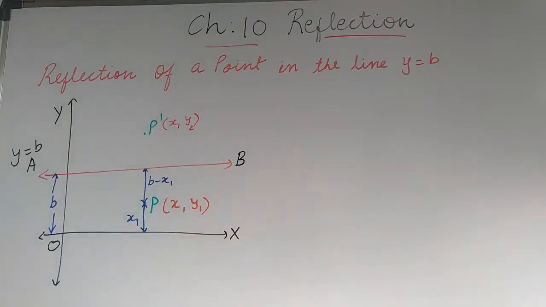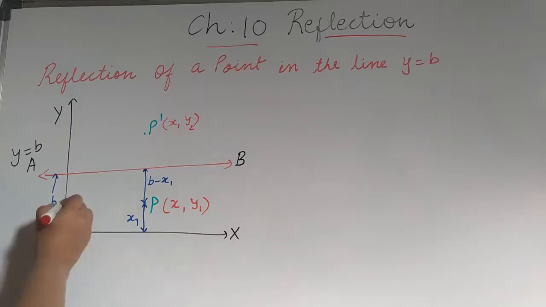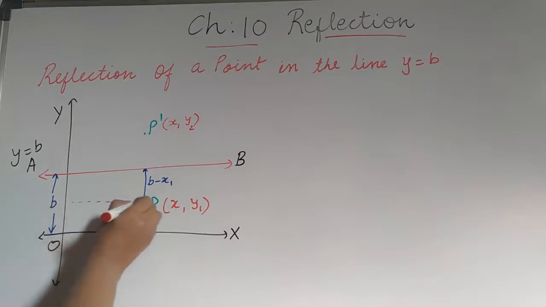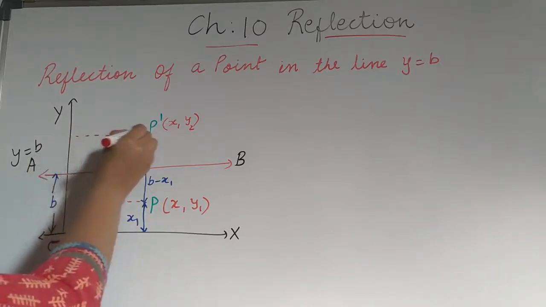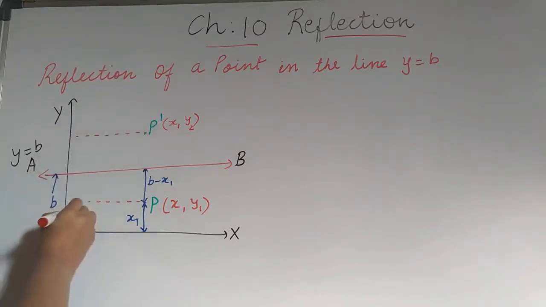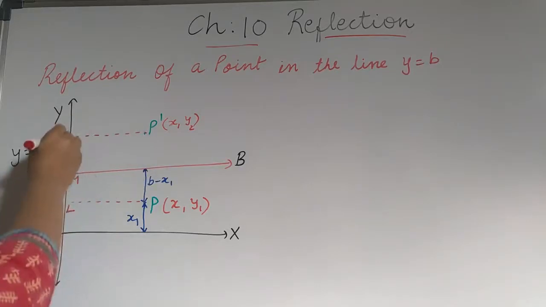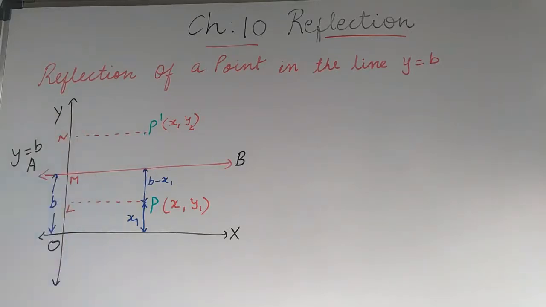And then we will find the value of y2. For that, let me give some names here. Suppose I am drawing here a straight line, and this is also a straight line. So this is some point L, this is M, and this is N. Okay, so L, M, N. Now I am writing: this is our OL, this is OM.